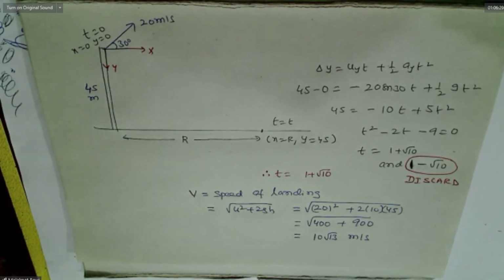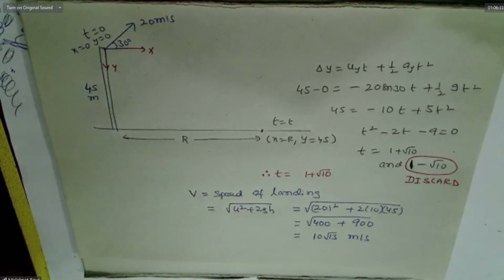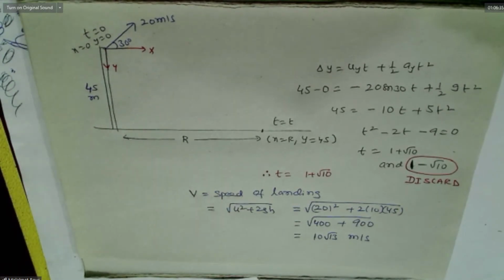Yes, sir. We already derived all this. The speed of landing is nothing but the square root of Vx square plus Vy square. If you do that, you'll get that only.